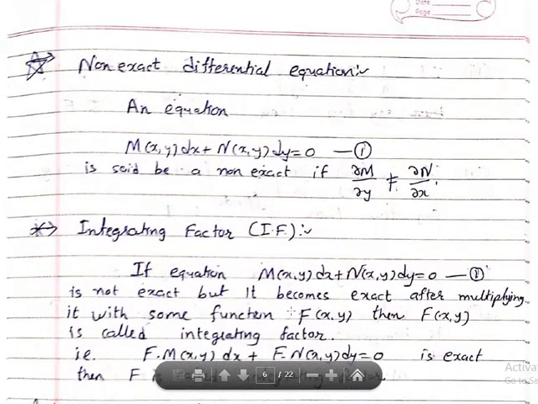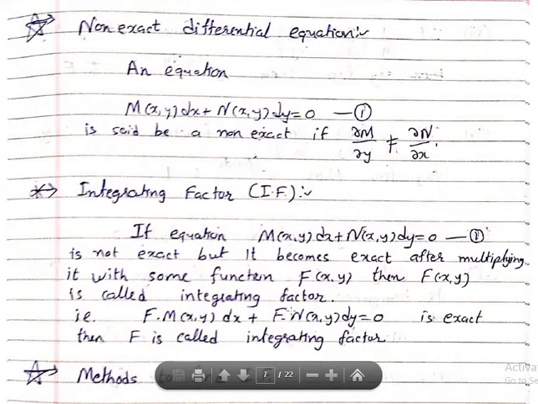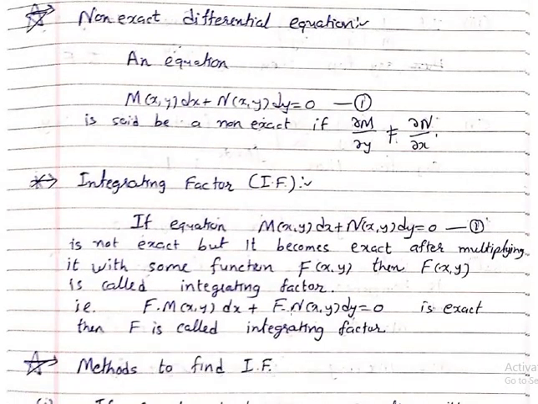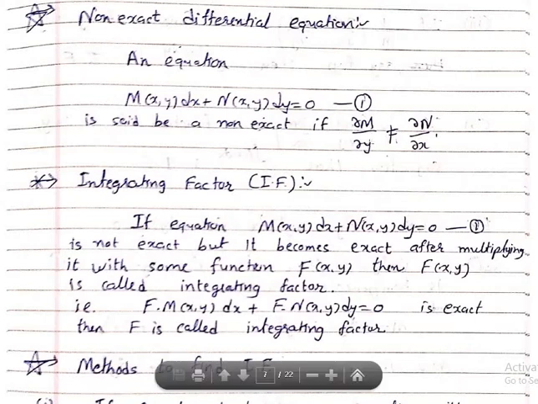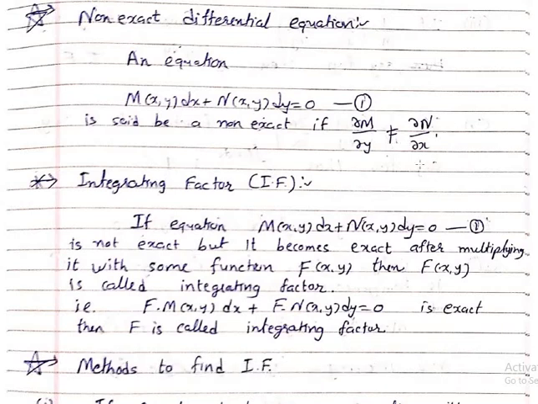Now we are starting with a non-exact equation. For the non-exact equation, we have 4 conditions. But before that, an equation which is not exact, that means if del M by del y is not the same as del N by del x, then it is called a non-exact equation.